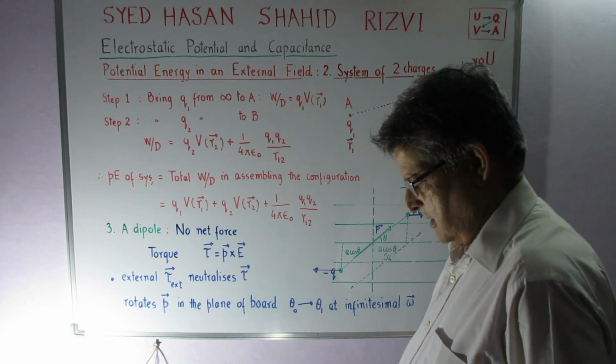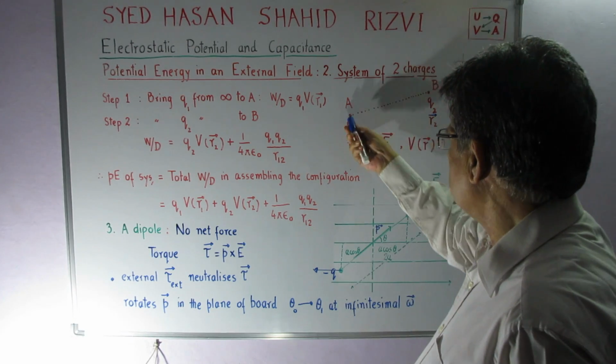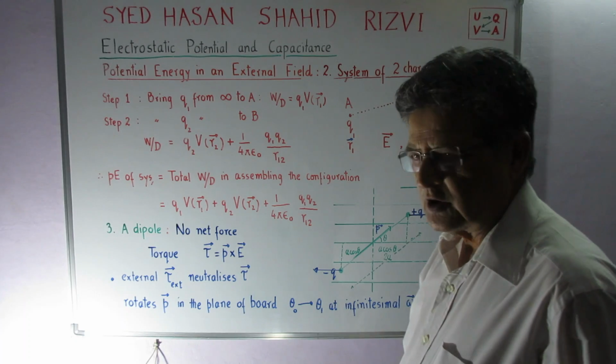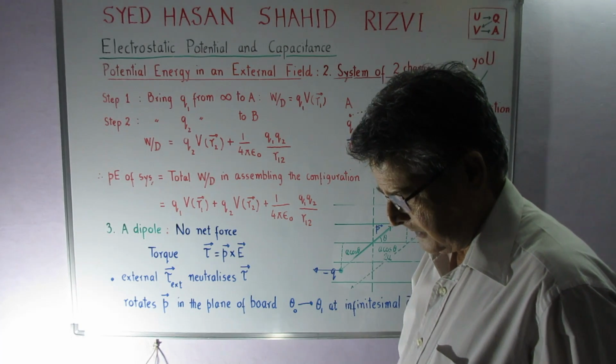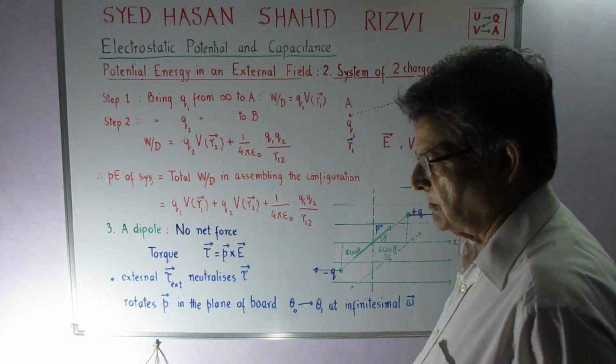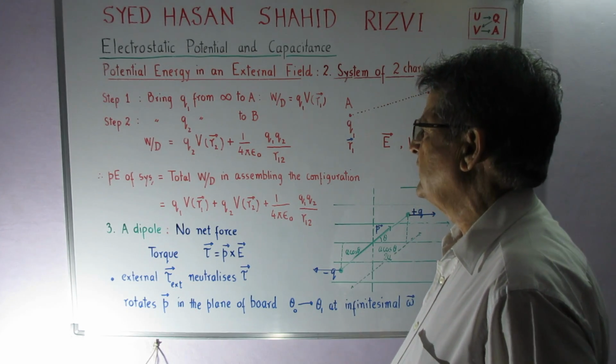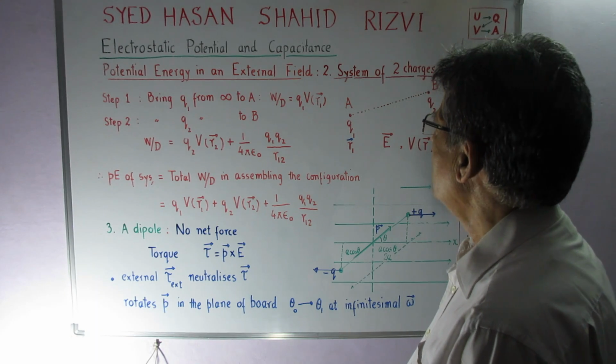And we have the constraint that these two charges are not going to disturb the electric field and the potential profile. So with those two constraints, it's very simple.